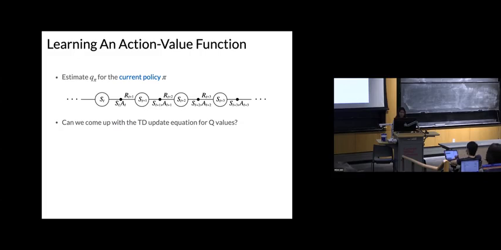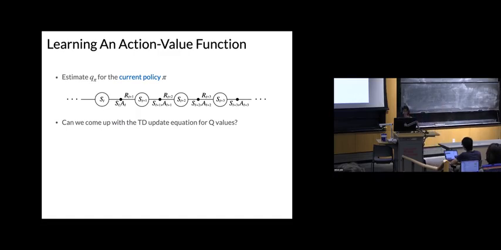Who would like to come up with our update equation for Qs, capital Qs, with their estimates, for the case of TD(0)? We know what it is for V, we've seen it 100 times. The V of the particular state equals the old V plus alpha times the target, which is the immediate reward plus gamma V of the next state, minus the present value V of S_t. That's it. So how would the equivalent be for Q?